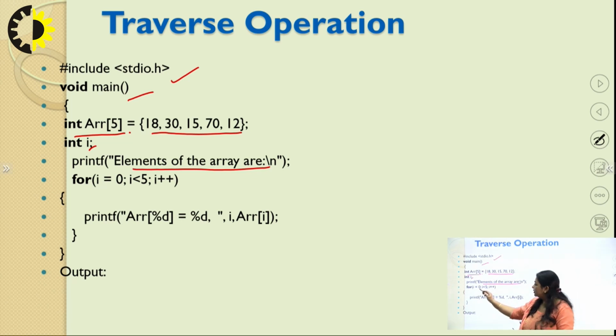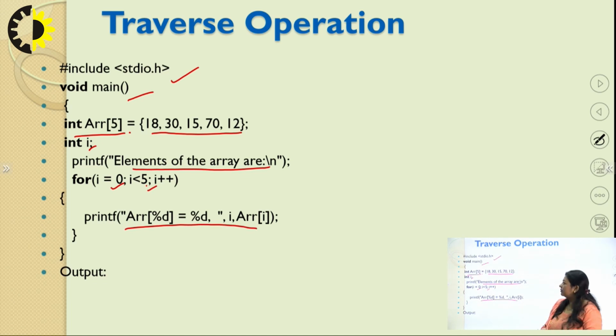Apply the loop from 0 to 5, because the indexing values start from 0 to 4. So the size of the array is 5. Applying this loop, we can print the values of the array. That is called the traverse of an array.